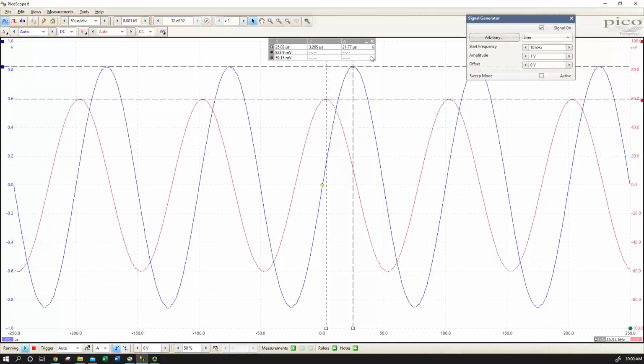So we can get a phase angle using our calculator here. 21.77 times 10 to the minus 6, and we're using a frequency of 10,000 hertz, so I can just multiply by 10 to the third times 360. So 78 degrees apart. We're going to see how those two change as we get even closer to resonance. So let's go ahead and move very close.